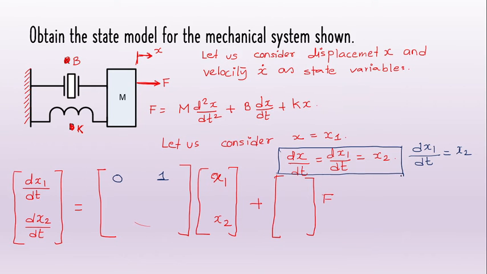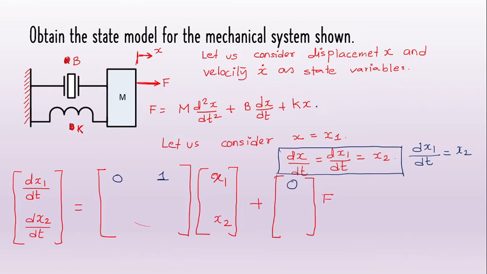Is there anything associated with f? No, so it will be 0. Understand? So from this equation I am able to write the first row of my matrix. Next, I have to write the x2 dot. I can get the x2 dot from here.